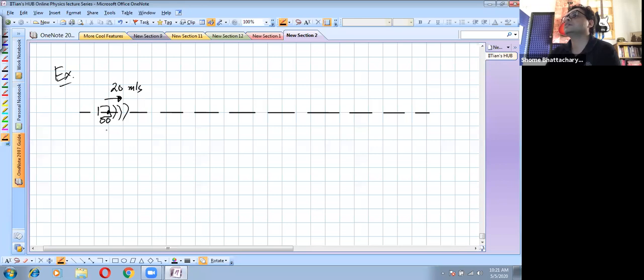So it's creating a frequency of, let's say, 200 hertz. Now there is a stationary detector somewhere here.